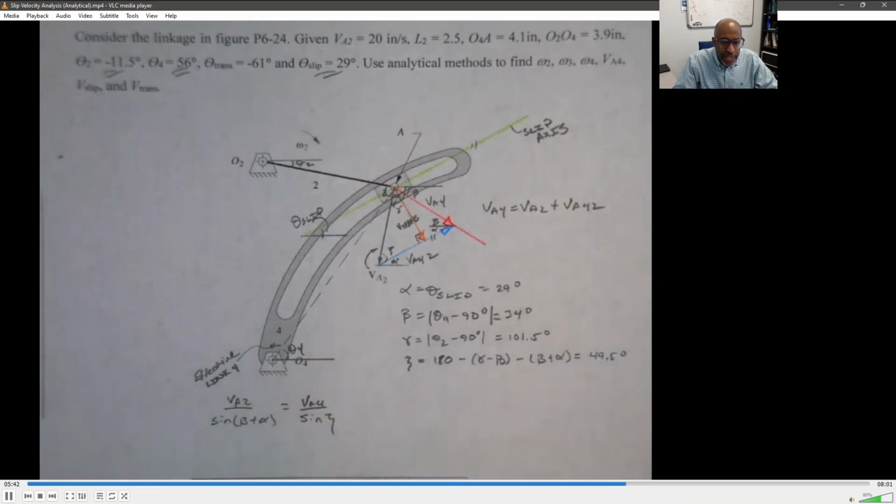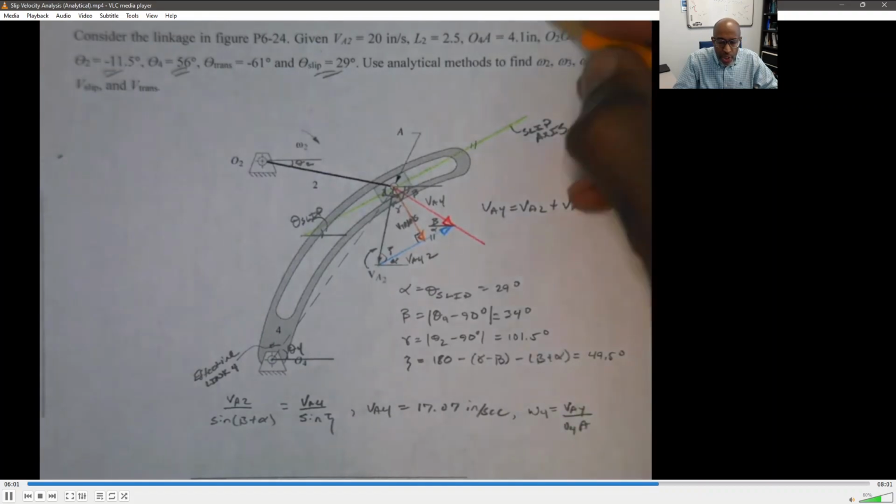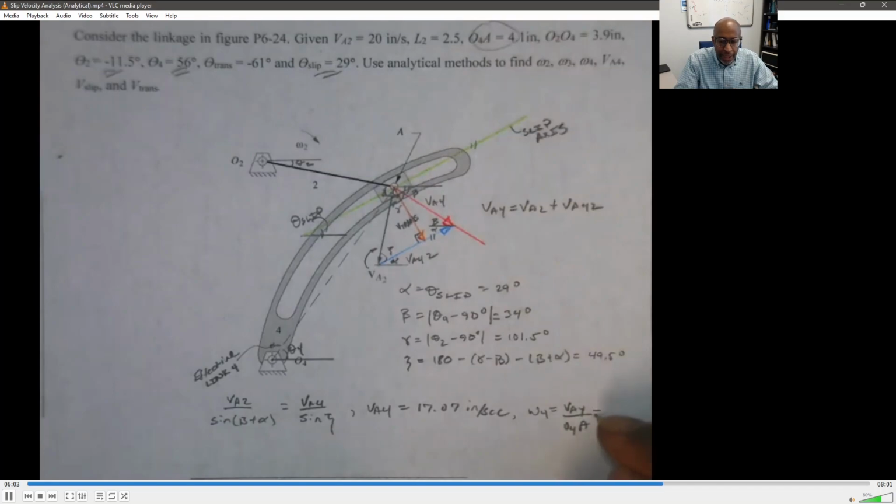Opposite of sigma is VA4, so VA4 over sine sigma, or VA4 is equal to 17.07 inches per second, which means omega 4, which is VA4 divided by length 4, the effective link length O4A of 4.1. So we have 17.07 divided by 4.1, or 4.2 radians per second.